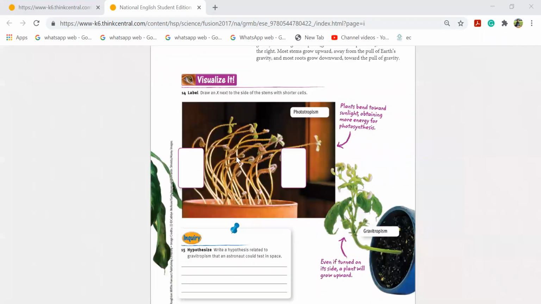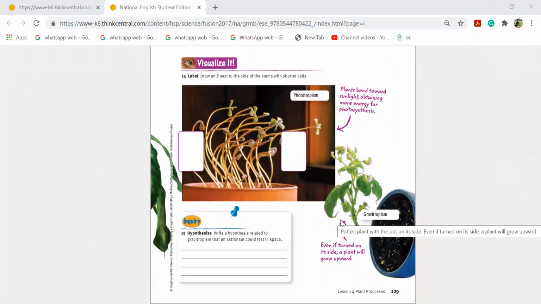This picture is phototropism, because see how they bend towards the light, and this is gravitropism. The stem goes upwards because of gravity and the roots go down because of gravity.